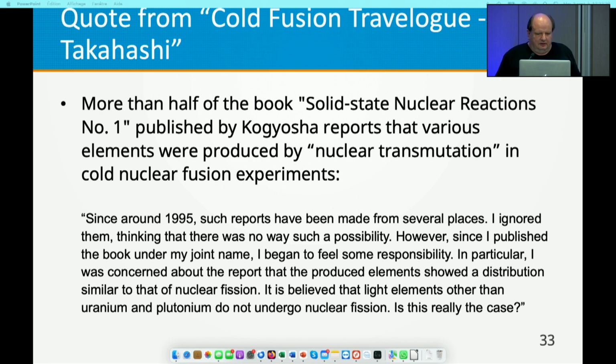We have a fission, and this is a quote from a book called Fusion Travelogue by Akito Takahashi, which himself quotes somebody called Yosha, and he basically said that I was concerned about the report that the produced elements showed a distribution similar to that of nuclear fission.